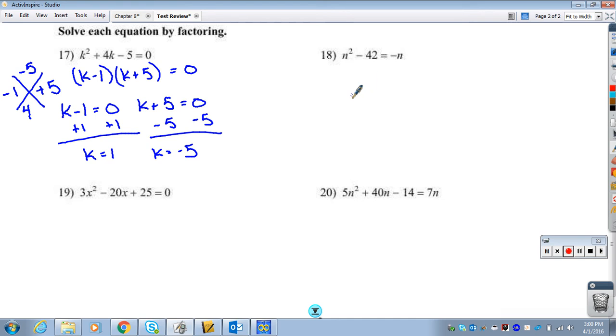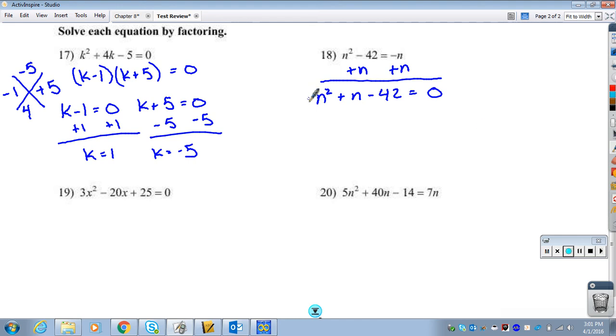Alright, in 18, before you can factor anything, it has to be equal to 0. So this minus n over here, I need to move to the other side. To move to the other side, I'm just going to do the opposite. So I'm going to add n. Okay, and then when I do that, I'm going to write this in standard form, because that is the way we're used to seeing it, and it makes it easier to factor.